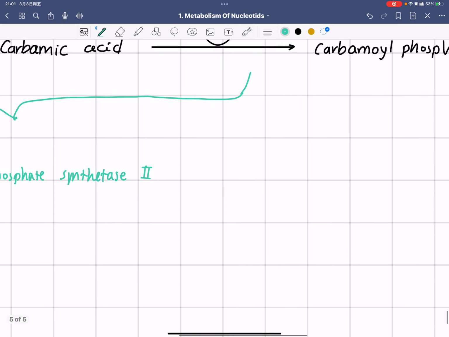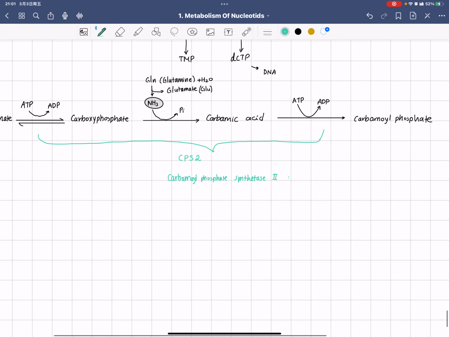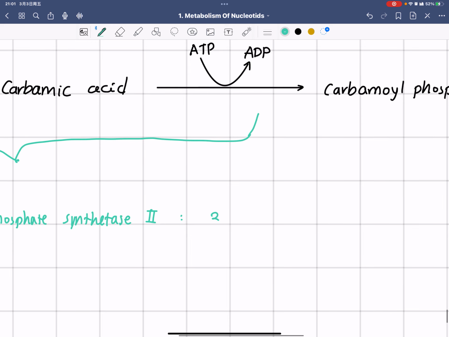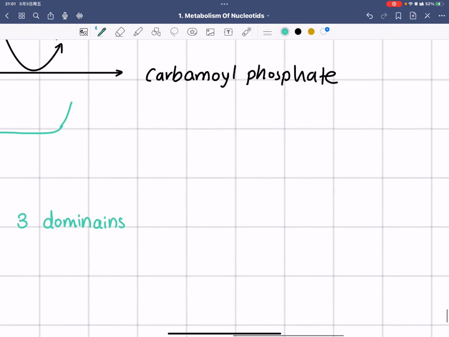And then you have this enzyme, as there are 3 reactions taking place in one enzyme. So of course you have 3 domains. Sorry guys, that's a multilingual problem.